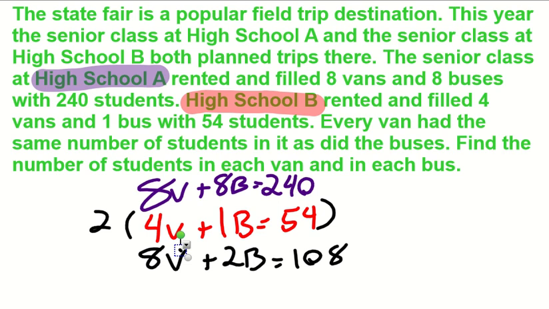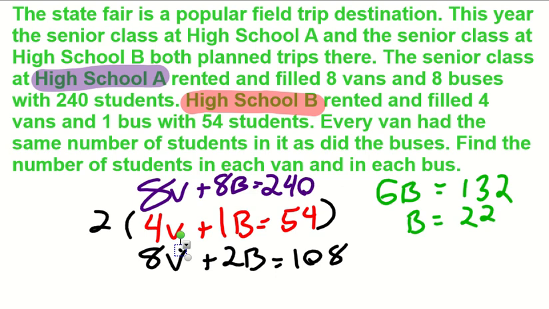That's nothing. 8B minus 2B is going to give me 6B equals 240 minus 108. Now we just divide, right? So I divide by 6. That means each bus is going to have 22 kids on it. Which makes sense for a bus.